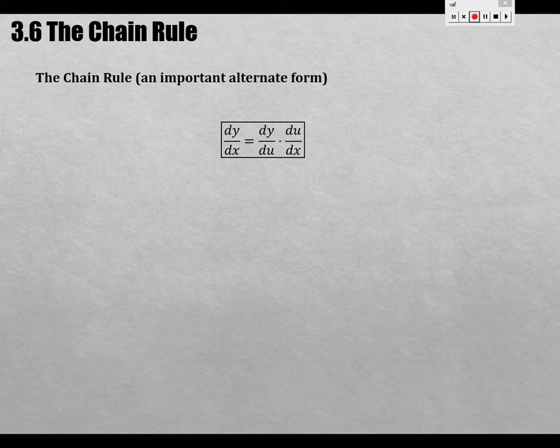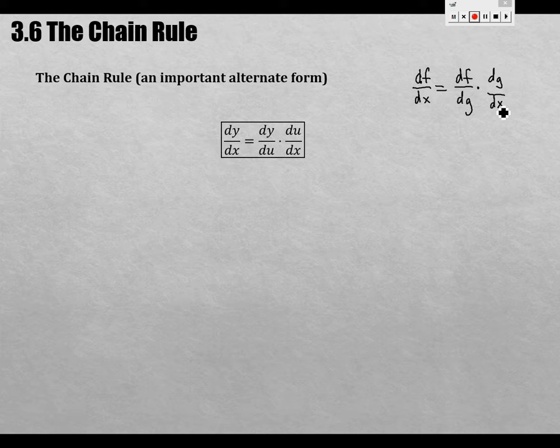Let's use f's and g's again. df dx is equal to df dg times dg dx. Isn't that in fact what we were writing before? Isn't it the derivative of f with respect to g of x, as if g of x is the independent variable, times dg dx?